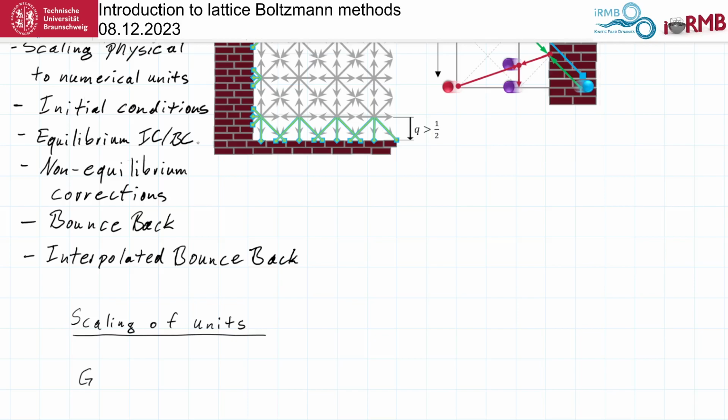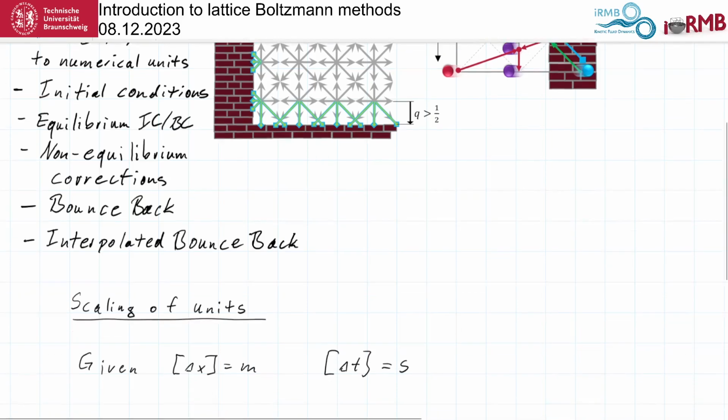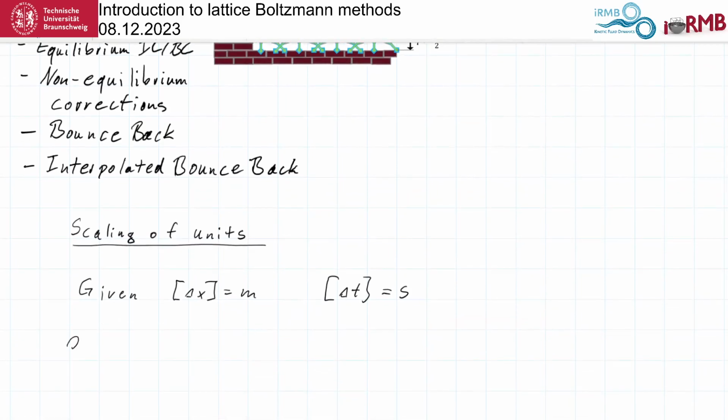So we'll say that there is a given delta x which comes in the units of meters, and there is a given delta t which comes in the units of seconds. And what is obviously required is a mapping between the delta x and the physical distance that it means.